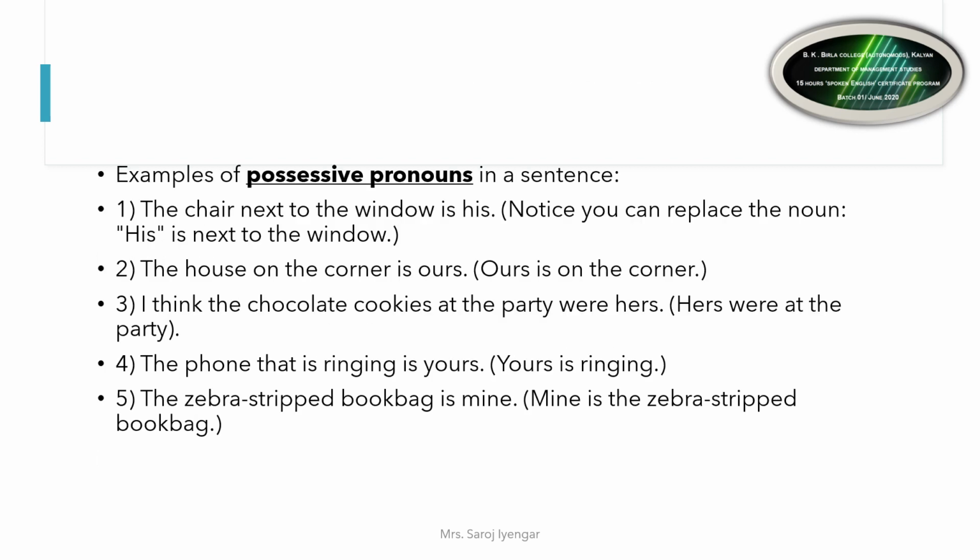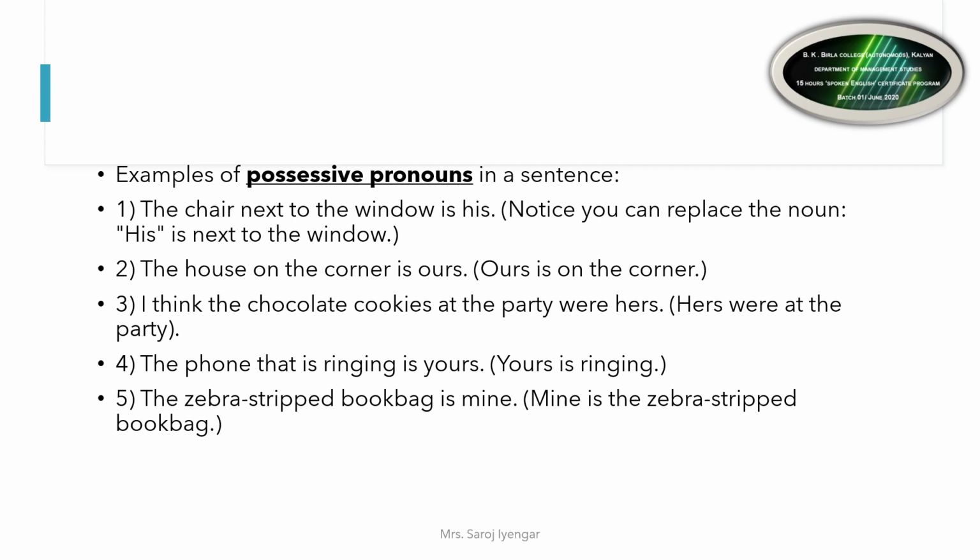A few examples of possessive pronouns in a sentence. The chair next to the window is his. Now, notice you can replace the noun. His is next to the window. So the chair next to the window is his.